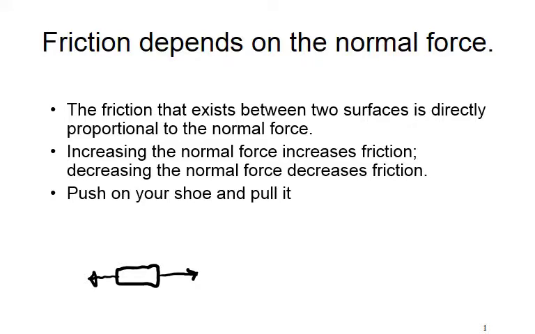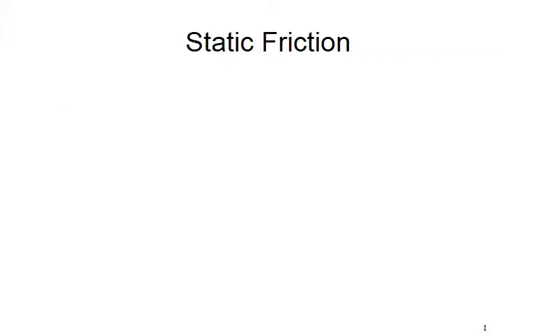As soon as you put more force on this, where the normal force increases, what will happen is it will take more to pull it because there's more friction. And so in class we had some examples with that.